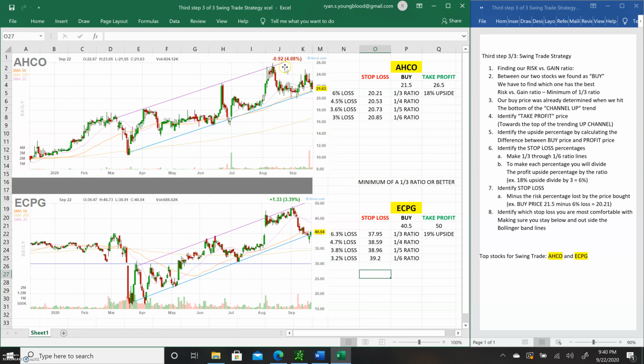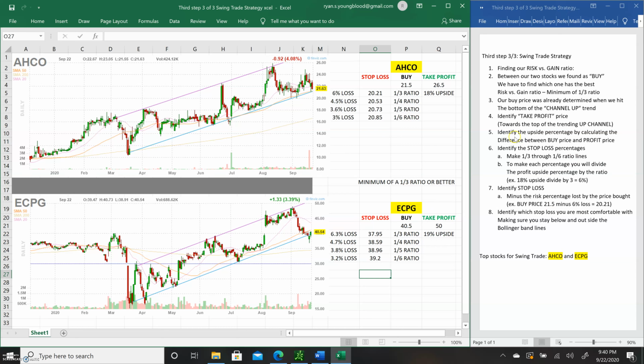And when you do this, you don't want to put it above the line or right at the line. You want to probably put it right below the upper channel up bar. So here's 50, and we're going to put it right at 50 because this purple line looks like it'll come right above that mark. And so 50, take profit for ECPG at 50.